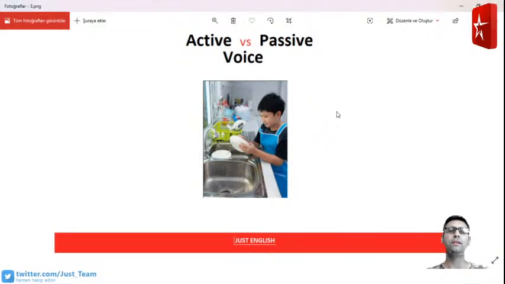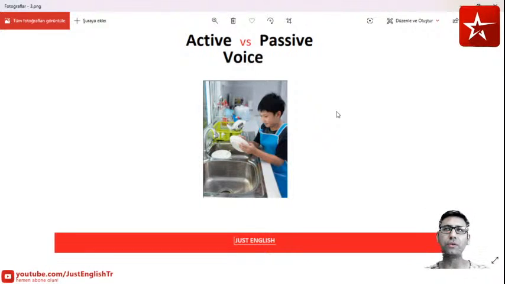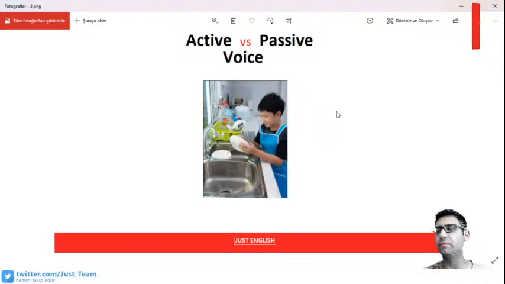All right, so we have a photo here, and we see a boy doing the dishes, washing the dishes. Well, doing the dishes and washing the dishes are pretty much the same. And I'm going to give you two different sentences, and we'll see the difference between them. Okay.